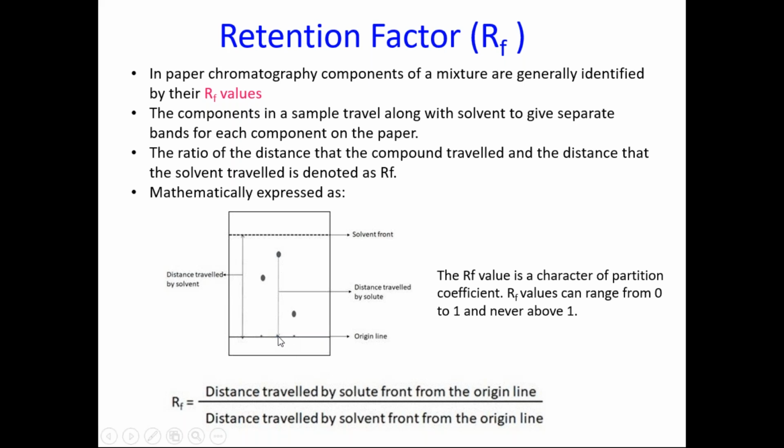So generally when we measure the RF value for a solute, we measure from the origin line to the middle of the spot, not at the leading front, nor at the front which is lagging behind. It is measured at the center of the spot that you see.